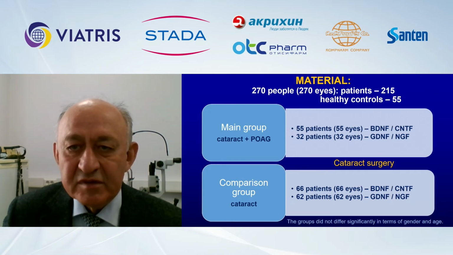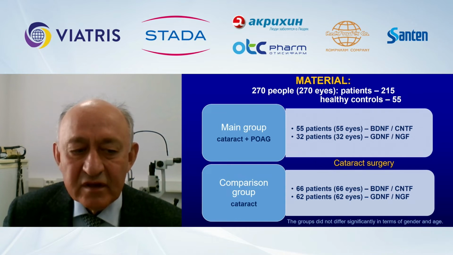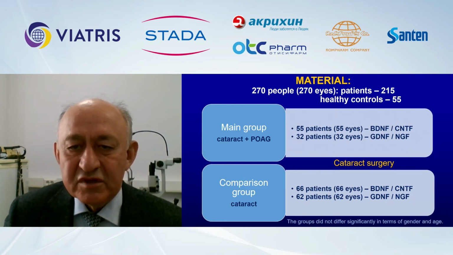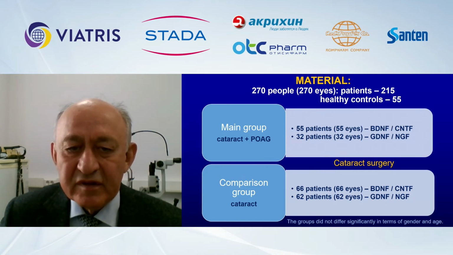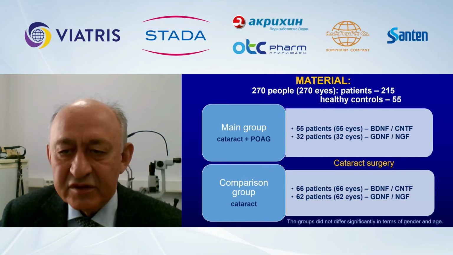So we totally recruited 270 people, 270 eyes, each one eye, and patients were split into groups: a comparison group, patients with cataract and with no glaucoma, and the main group, patients with cataract in combination with glaucoma. Keeping in mind that we have just a little bit of fluid in the anterior chamber, we carried out the study in two steps. First, we studied BDNF and CNTF, and then the other two markers.